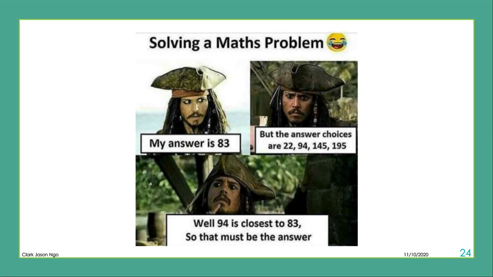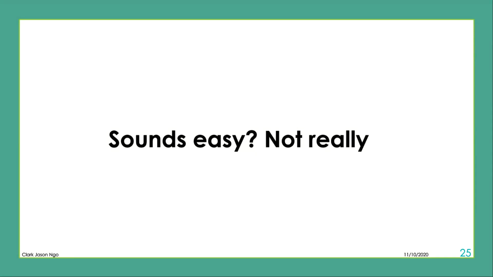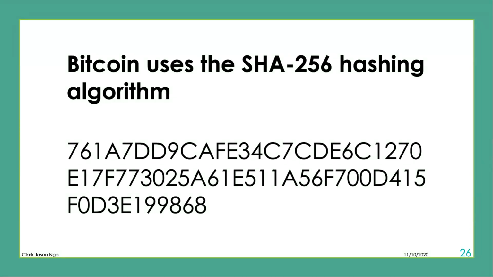So what are these computational problems? When you think about math problems, it's not really just a simple plus or minus. It is generally an algorithm. It uses the SHA-256 hashing algorithm.